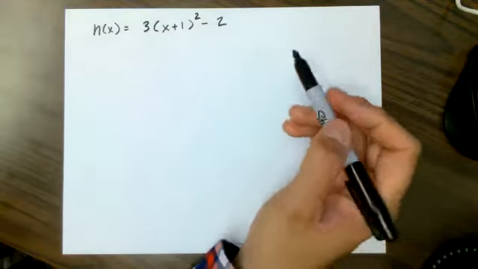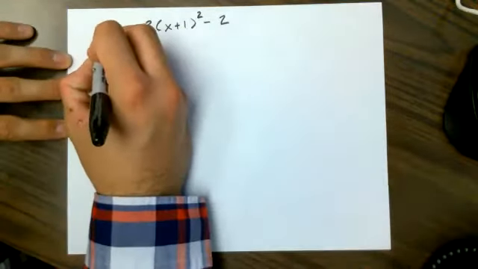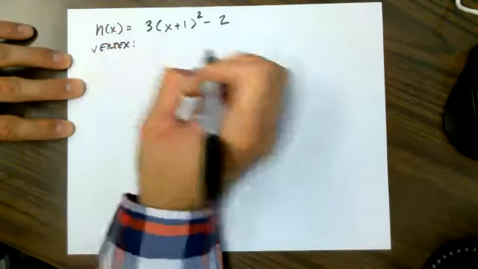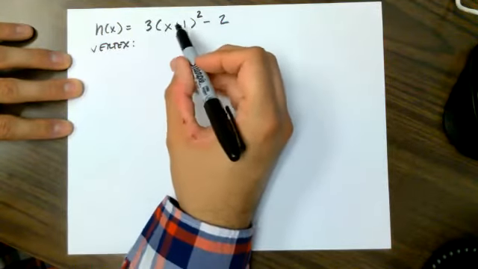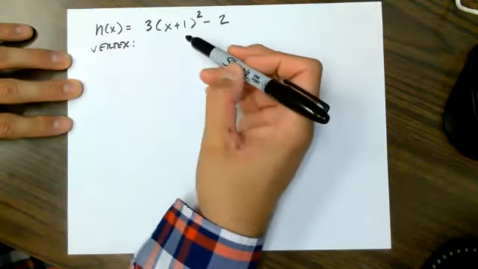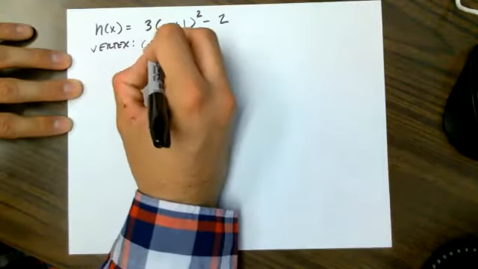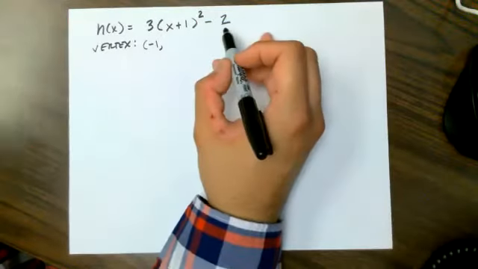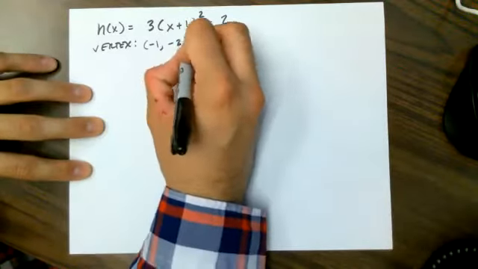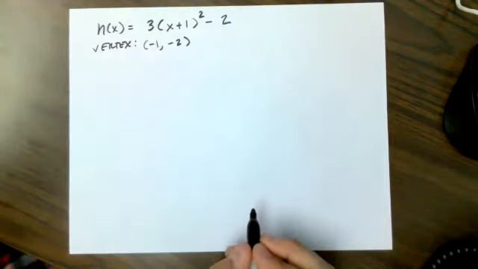Just from the equation, I can pull out the vertex when it's written in the standard form. Remember, if it's x plus 1, that means we shift to the left 1 unit, so the x value is going to be negative 1 here. And the minus 2 means we go down 2 units. So the vertex is negative 1, negative 2.